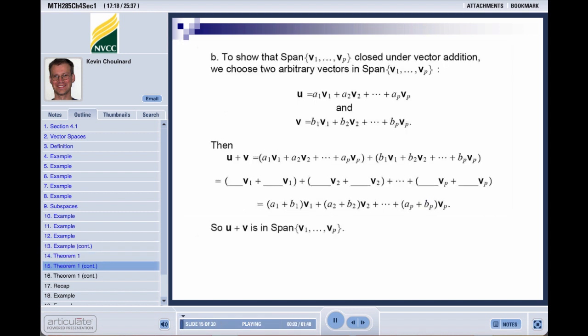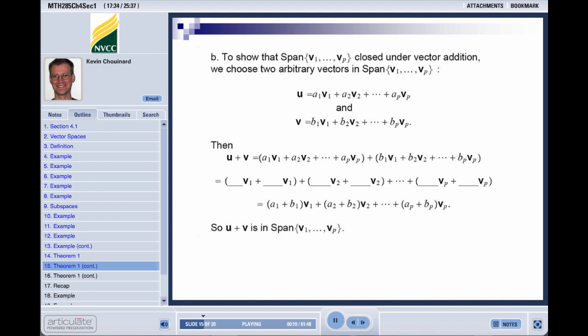We also have to show that we have our two types of closure. So let's work to that end. Let's start with the additive closure. If I take two vectors from the span and add them together, do I get another vector from the span? And the answer is yes.